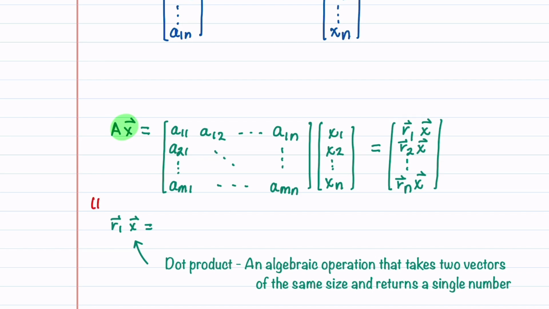R1 is a 1 by n matrix. X is an n by 1 matrix. So our answer is going to be a 1 by 1 matrix, which is just going to be a number.